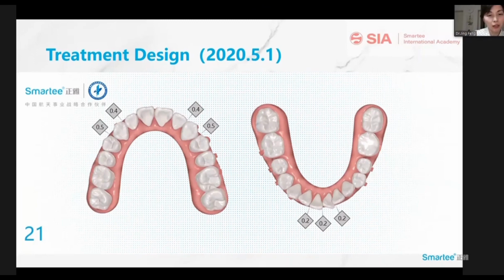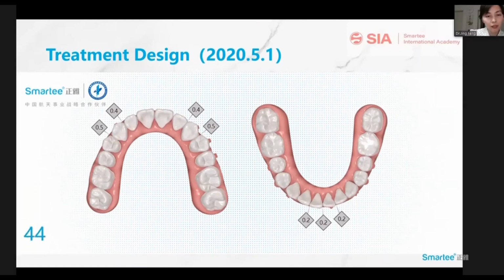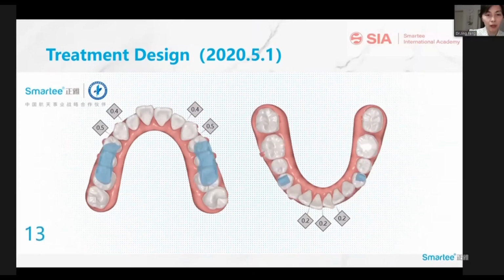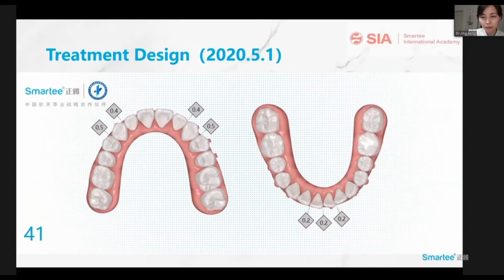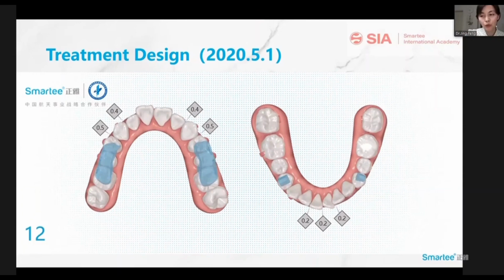This is an animation. You can see we correct the scissor bite at a very early stage and expand the upper arch, provide some spaces to relieve the crowding, together with some IPR to provide more space. And we try to distalize the lower molars to upright them.